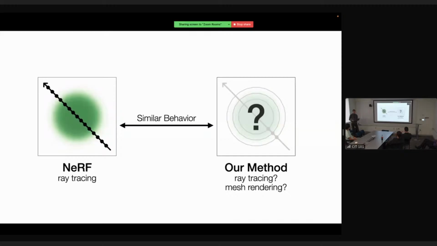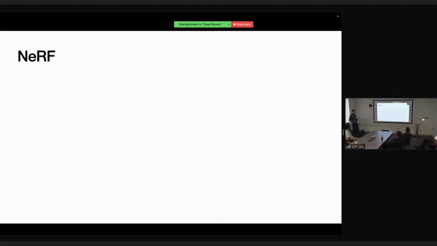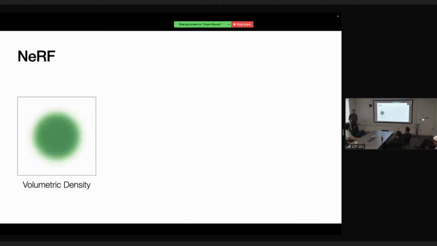Okay, so we'll start out with NeRF. In NeRF, you have volumetric density, and so you have this dense, colorful cloud, where for each point you have a density and a color, and then you can ray trace that to produce an image.